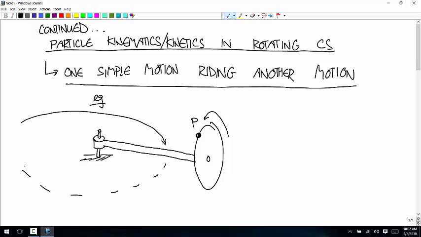That's just a circular motion, right? So that would be a simple thing to calculate.